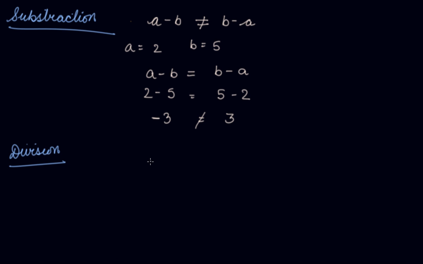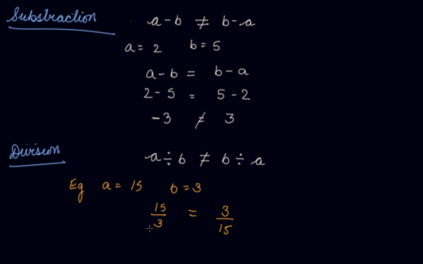In the same way, A divided by B is not equal to B divided by A. Let's take an example. Let's take A as 15 and B as 3. So A divided by B, which means 15 divided by 3, is not equal to 3 divided by 15. 15 divided by 3 you get 5, whereas 3 divided by 15 you get 1 by 5, which means you get 0.2 as the answer.